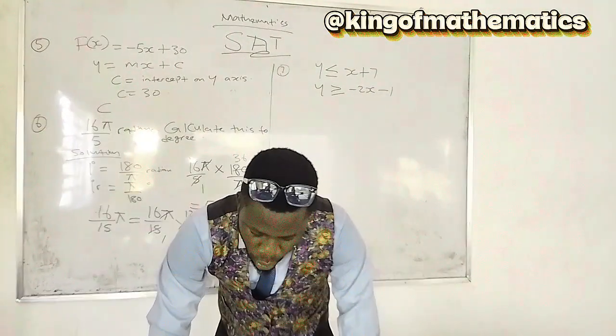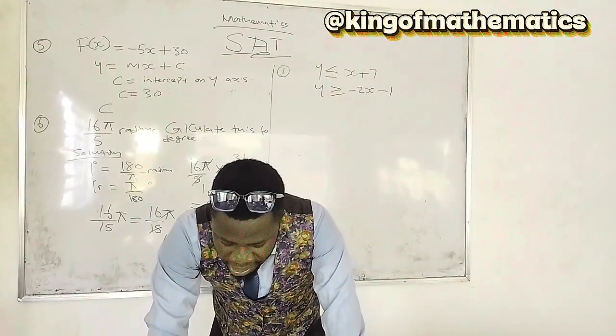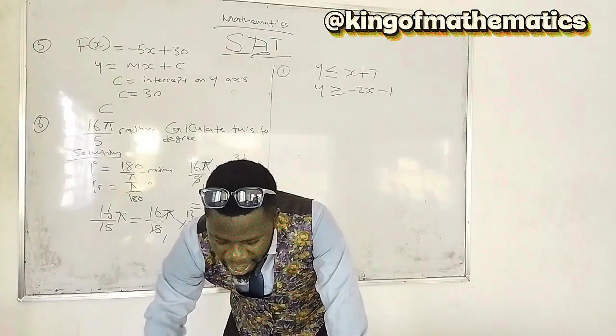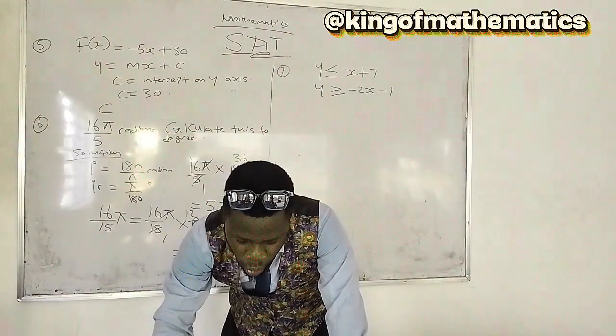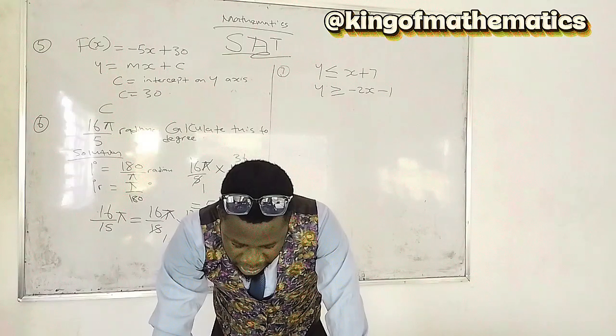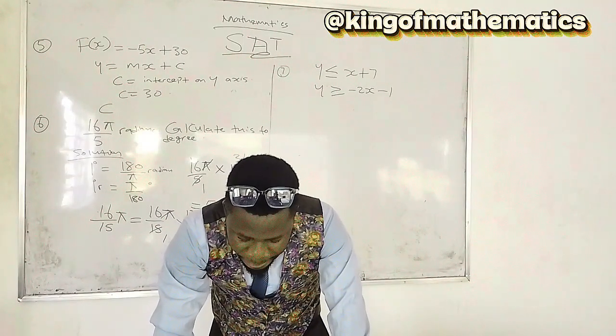The question is, which point x comma y is the solution to the given system of inequalities in the xy plane?